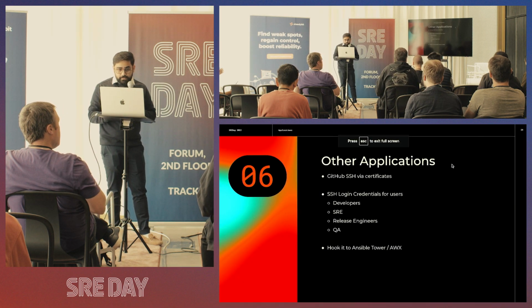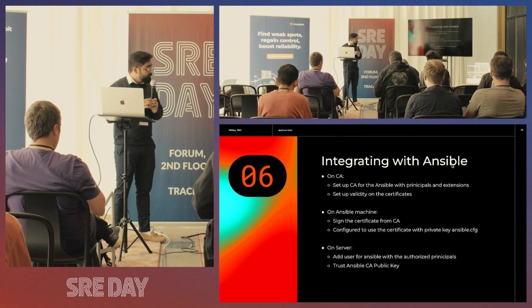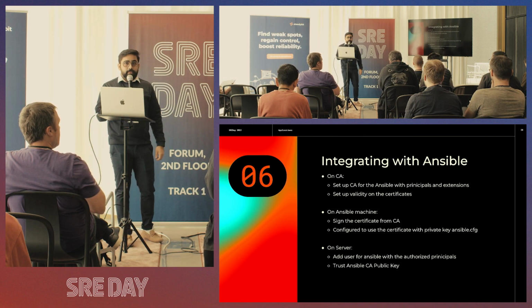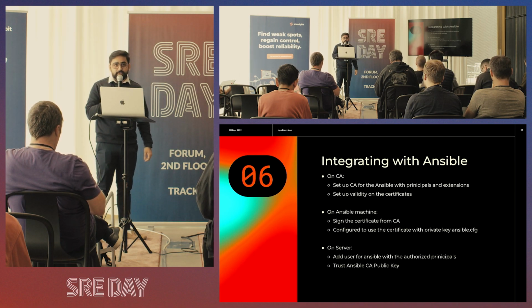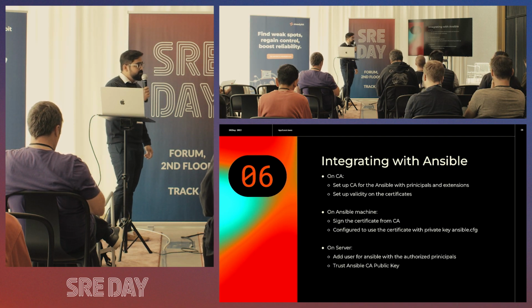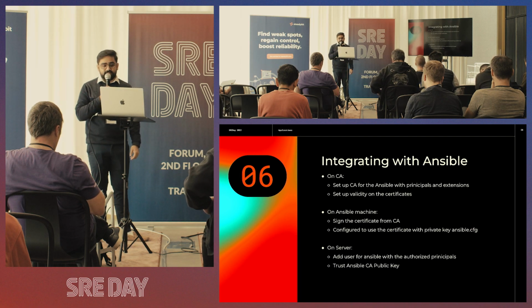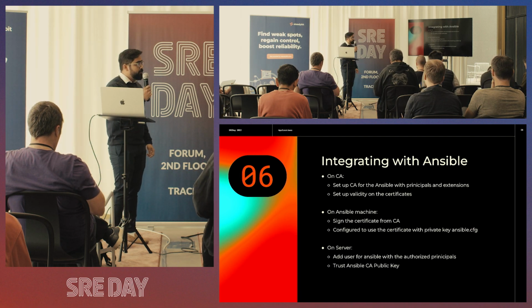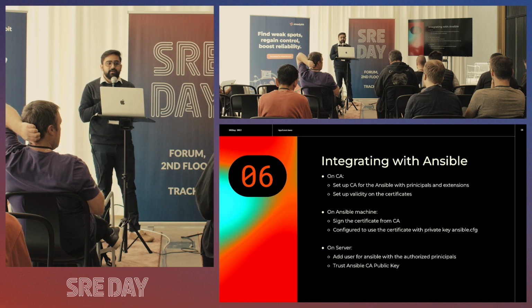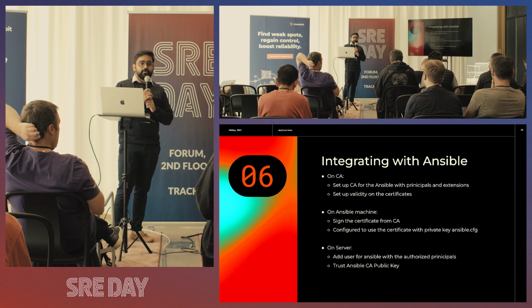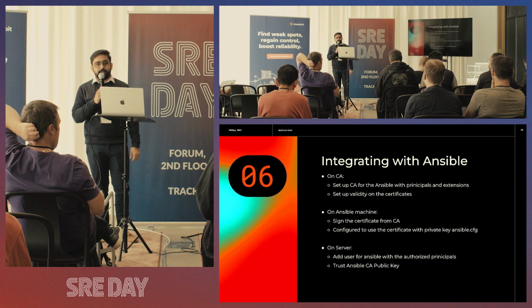Yep, okay, so now, on the server side, on the systems, we add the Ansible user with its valid principals and trust the public key on the system. That's only the setup. By doing this, Ansible can use certificates which are valid for a certain point in time, for example, 1 day.